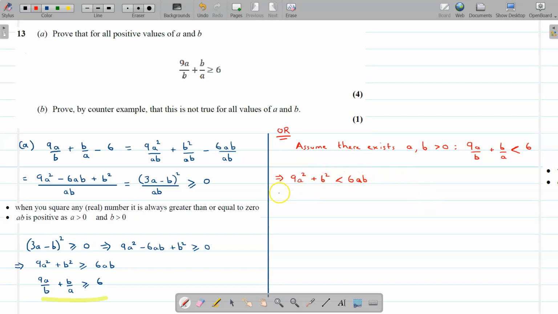Then if that's true, it also implies that 9a squared minus 6ab plus b squared is less than 0, which would imply that the perfect square, 3a minus b all squared, is less than 0. But this cannot be true.